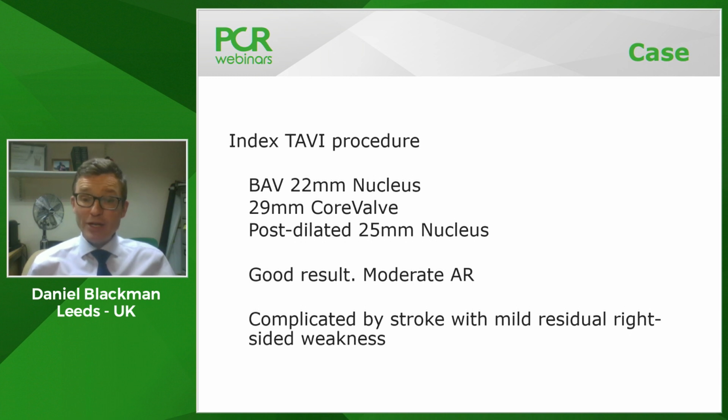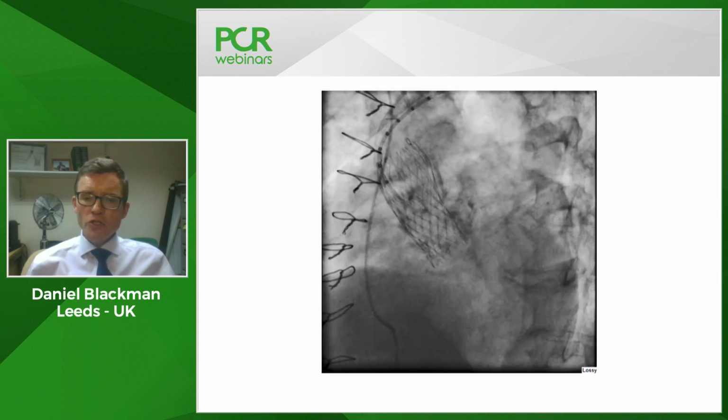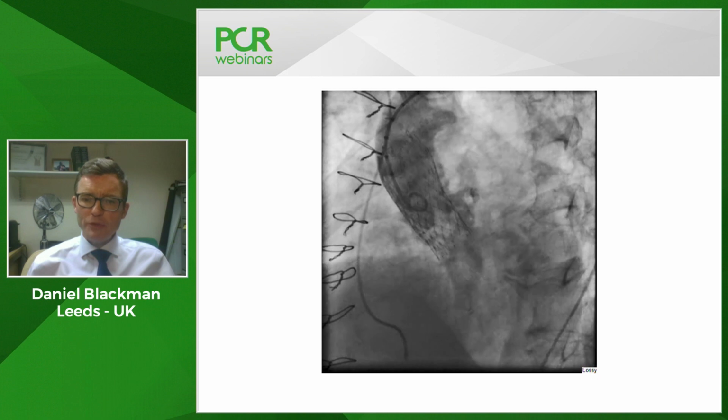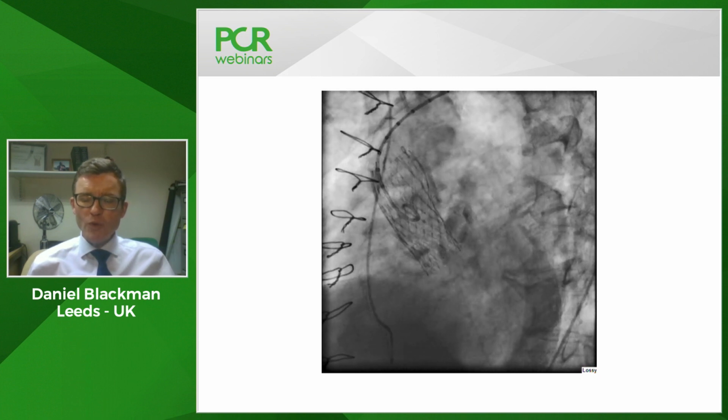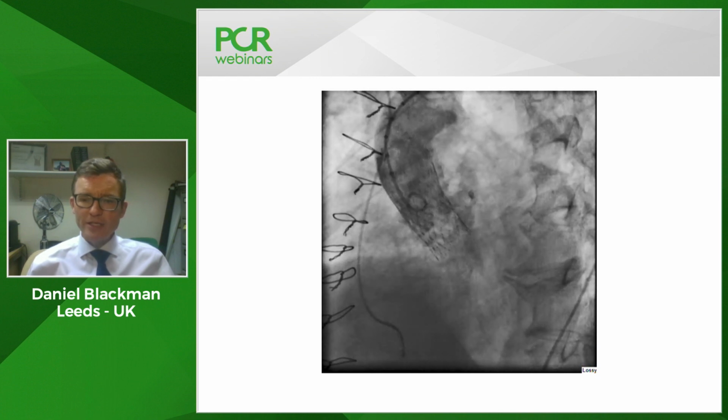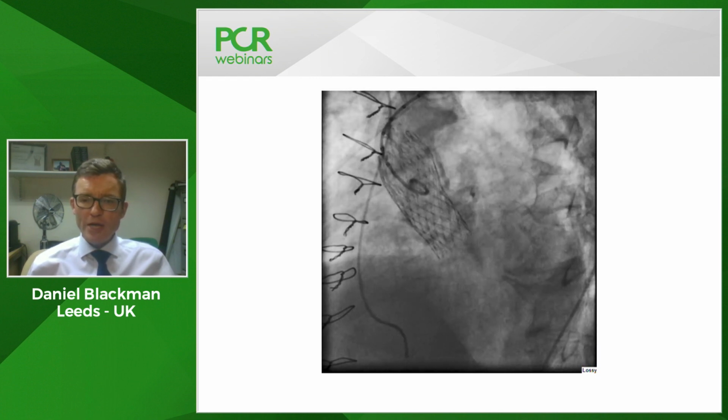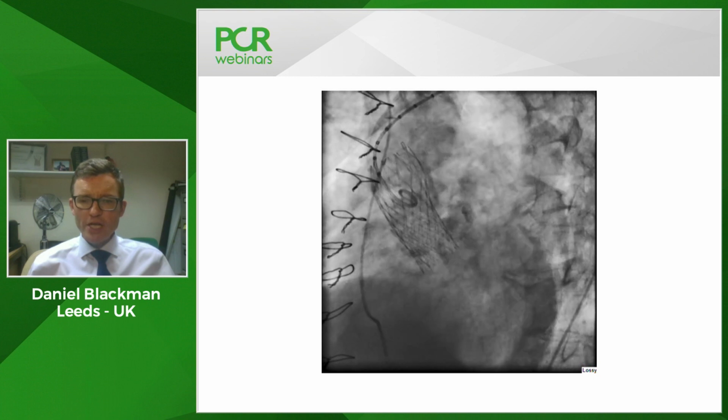He actually had a post-TAVI stroke, but it was mild and had minimal effect on his functional capacity. So this was the final result from the TAVI procedure. We probably wouldn't call that a good result in 2020, as he had probably moderate aortographic aortic regurgitation.